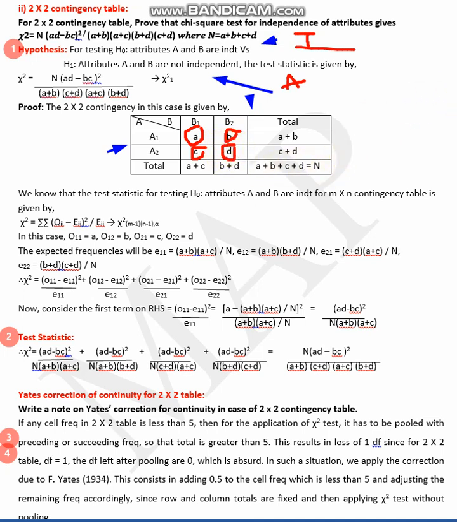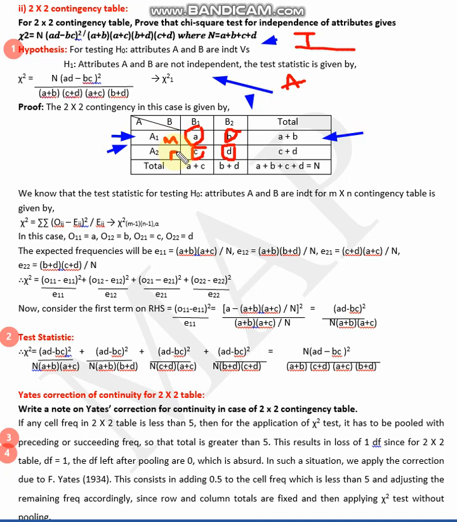And what about these values? A plus B is nothing but my frequency of class 1. Class 1 in the sense A1, A is divided into, so this is nothing but my male. This A1 represents male and A2 represents female.